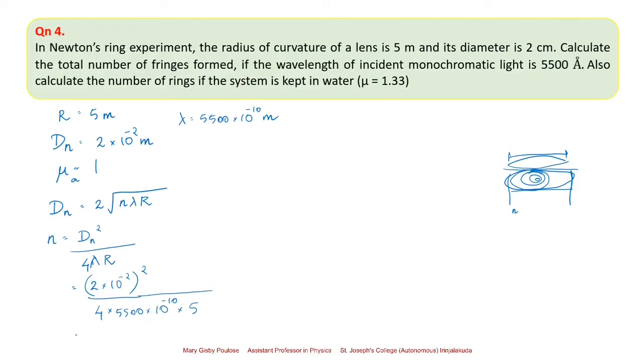Doing calculations, we get 36.36. Since n can have only integral values, we take n to be equal to 36. So 36 dark fringes and 36 bright fringes are formed here in the setup when Newton's rings is placed in the air.